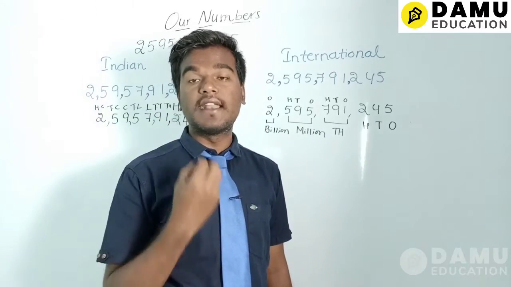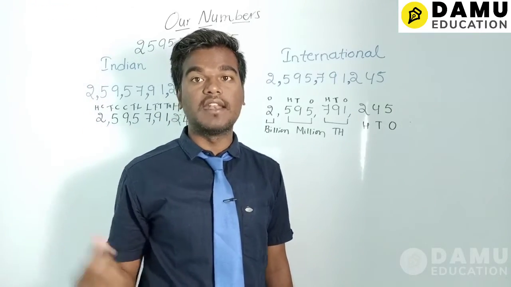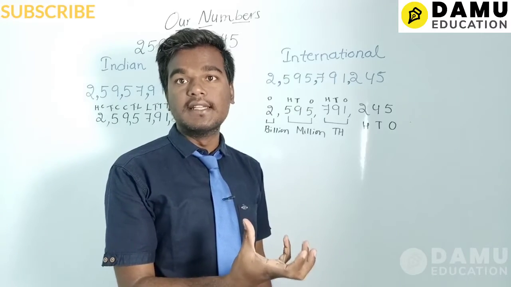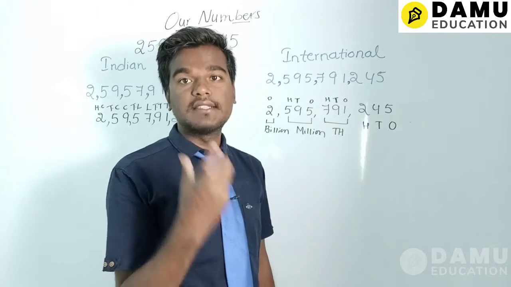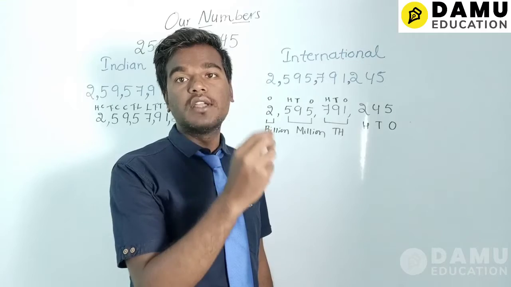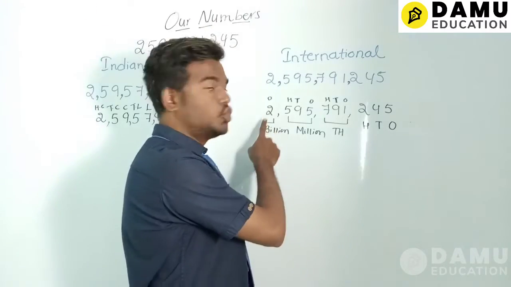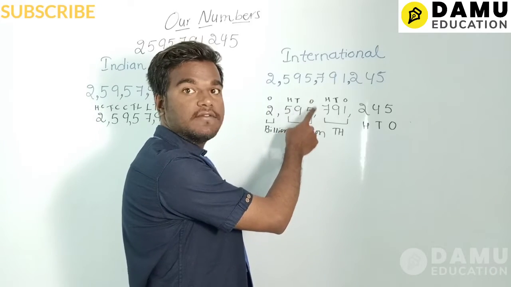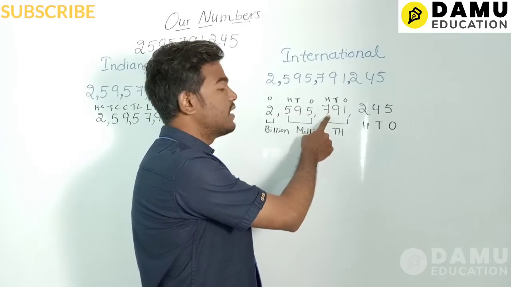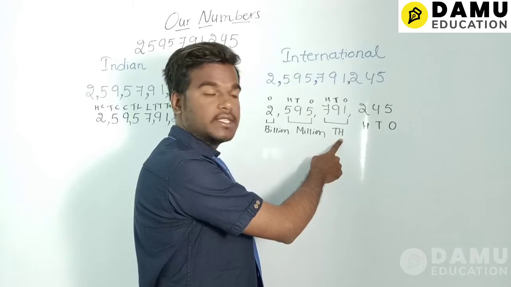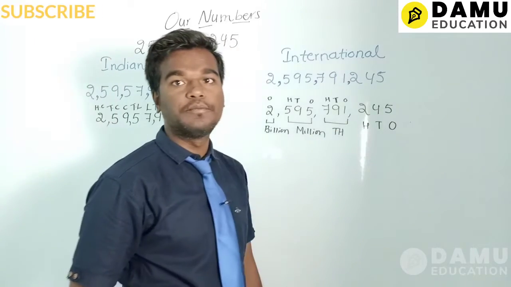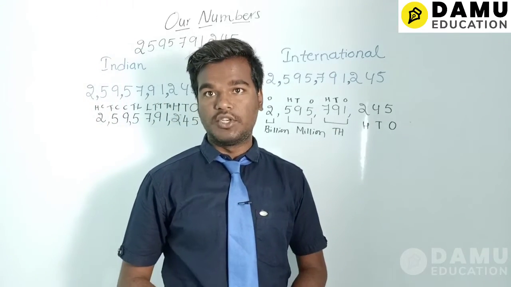Unlike in the Indian system, where every place has a different name, here a set of 3 digits will have the same name, but with differentiation by hundreds, tens and ones. So 2 billions 595 millions 791,245. So this is the way of expression.